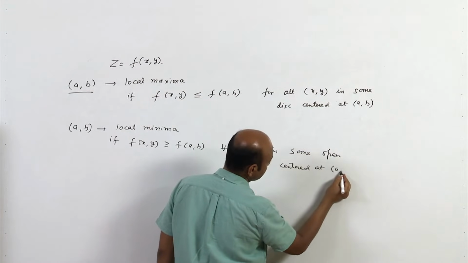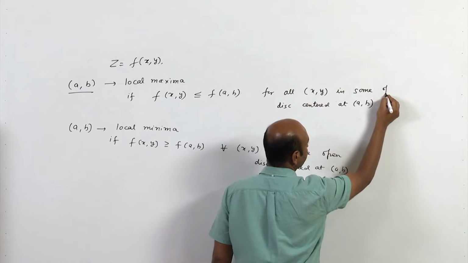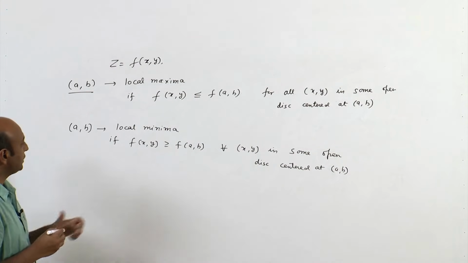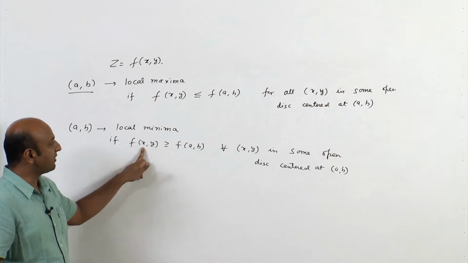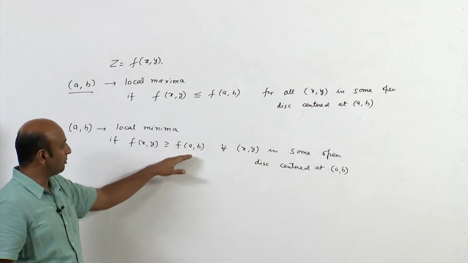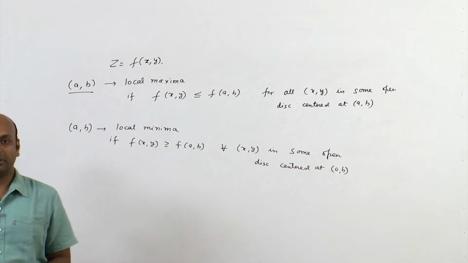It must be an open disk. So, if this inequality holds for every (x, y) in some open disk centered at (a, b), then we say that (a, b) is a point of local minima.